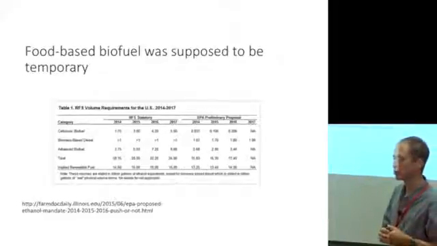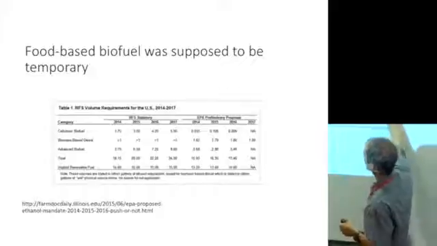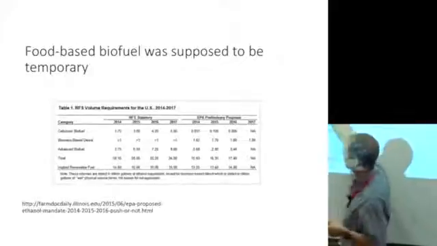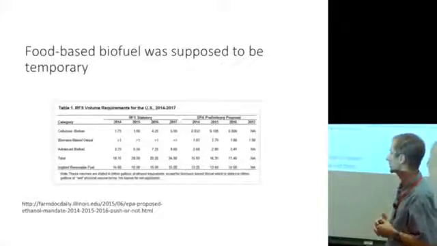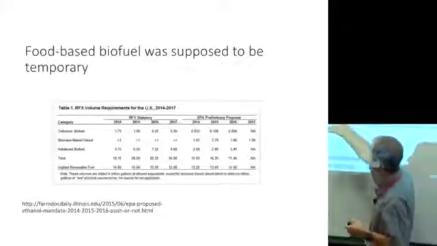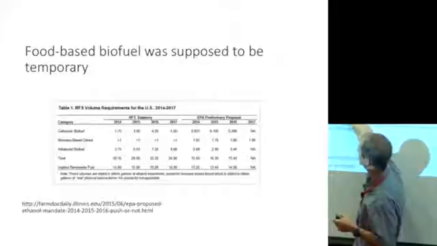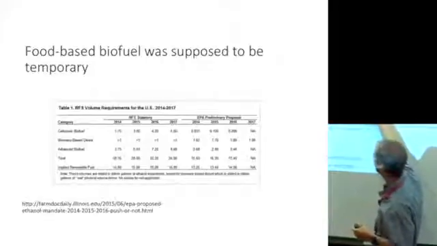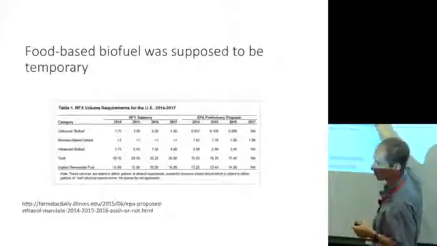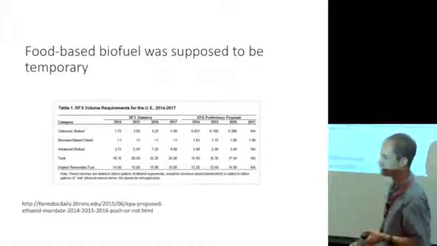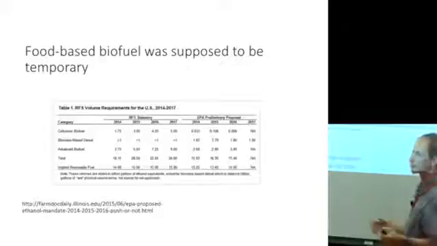not prime grains and sugarcane for fuel. So this is a complicated table, but the point here is that if you look at the original mandate that started mandating ethanol use in gasoline blends in the US, the idea was that by 2014 we'd have a rapid ramp up in billions of gallons of cellulosic biofuels. These are made basically from the stems and the scraps of plants.